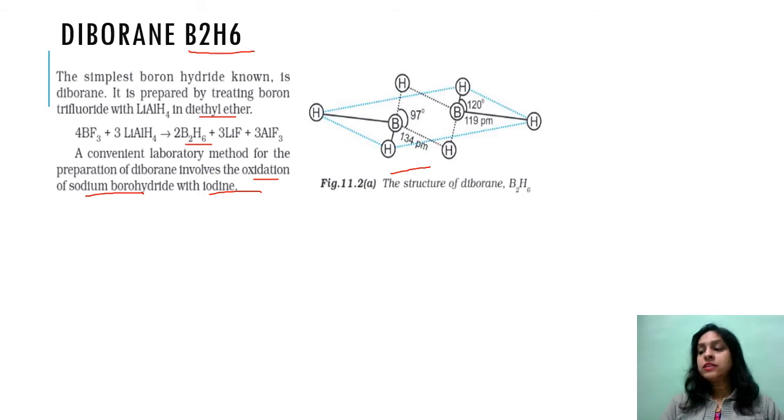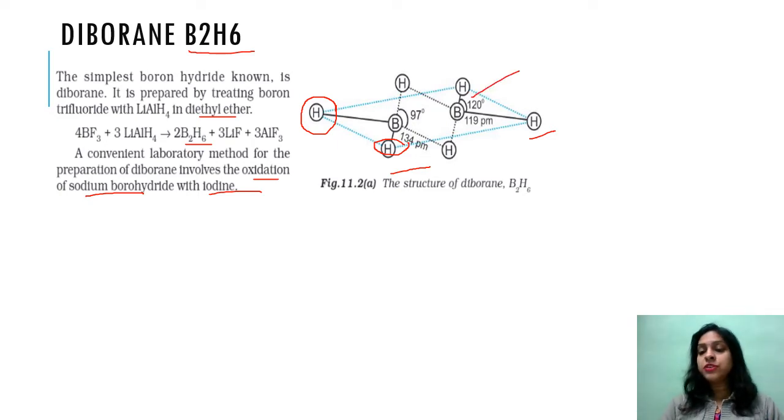Okay, and this is about its structure, in which we can say there are four terminal hydrogens: 1, 2, 3, and this one is the 4.